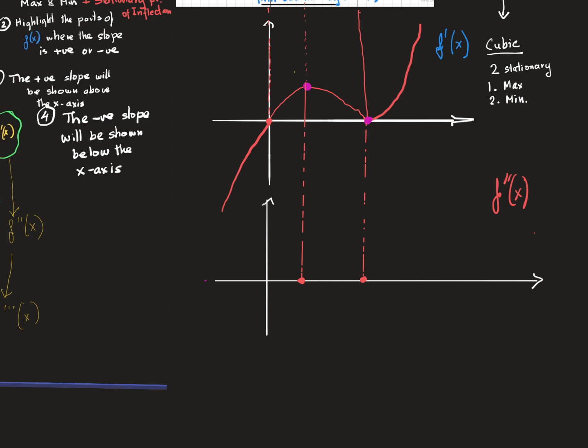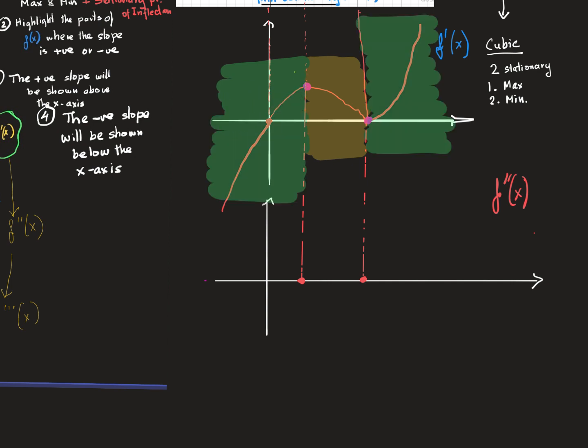Our negative slope is going to be highlighted in the center here between the maxima and minima, and our positive slope is going to be on either side. And please note that between any maxima and any minima, you will find a non-stationary point of inflection, which will be right here. So we should really also note that.